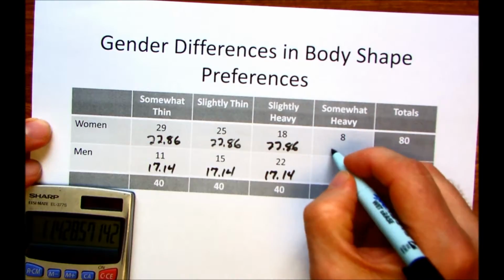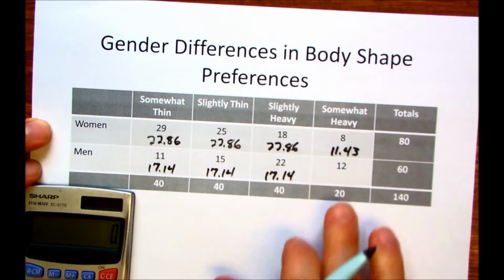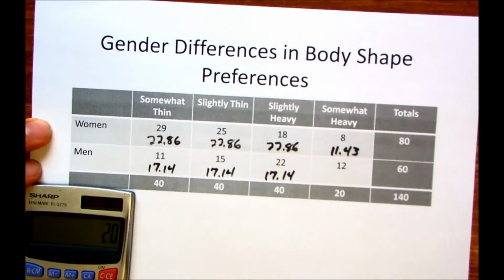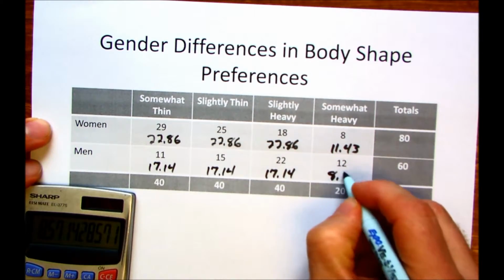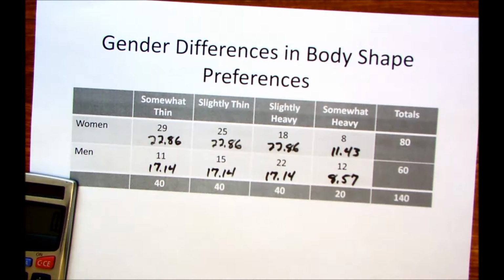The expected there is 11.43. And for men, 20 times 60 divided by 140, 8.57. Okay, we've got our observed and our expected frequencies.